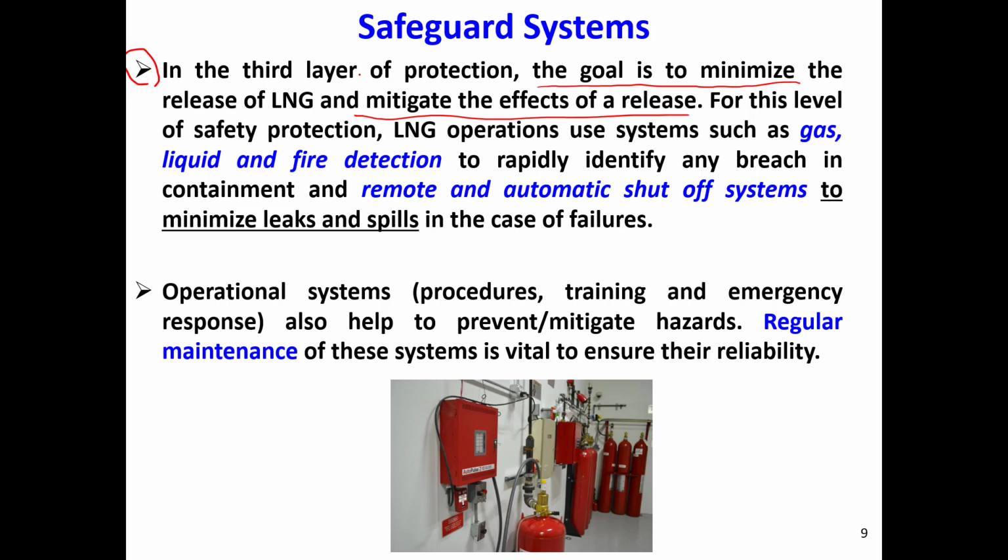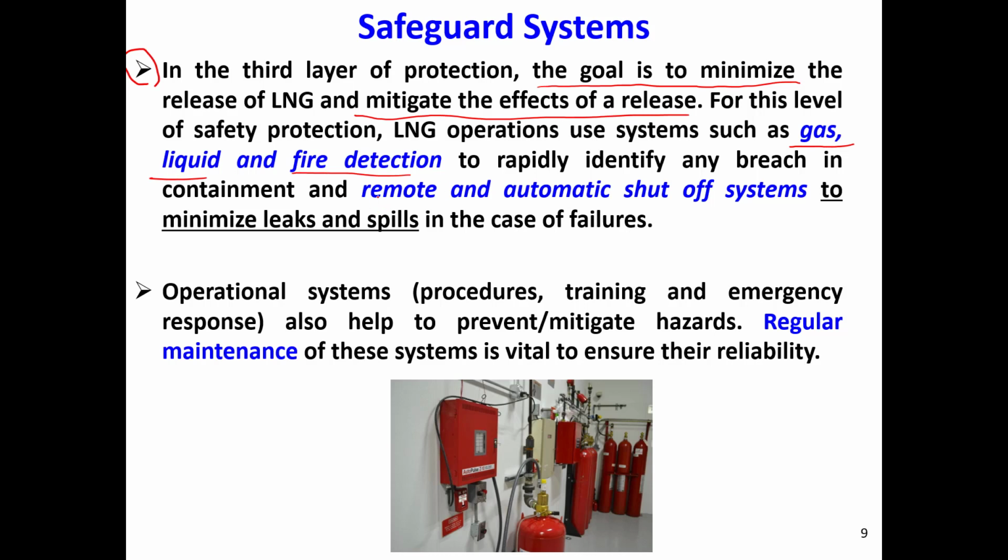In this system, the first level of protection is that we have to design a very accurate, suitable gas, liquid, and fire detection system. We will put several sensors that can detect gas, liquid, or fire.